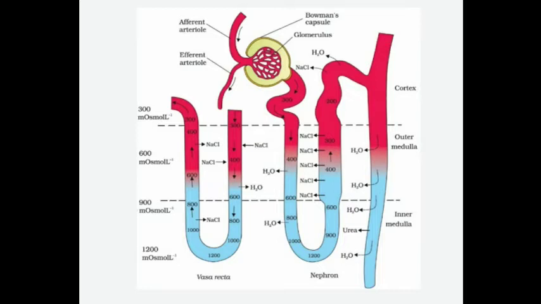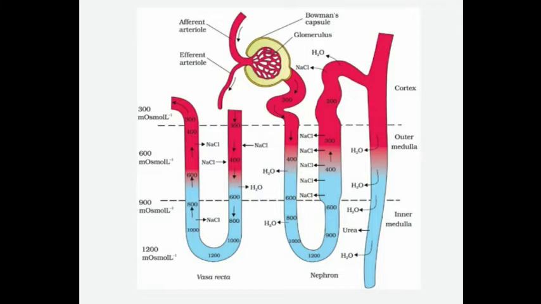In the cortex it is 300 osmol per liter, in the outer medulla it is 600, and in the inner medulla it is about 900. It increases up to the inner medullary interstitium, where it will be 1200 osmol per liter.